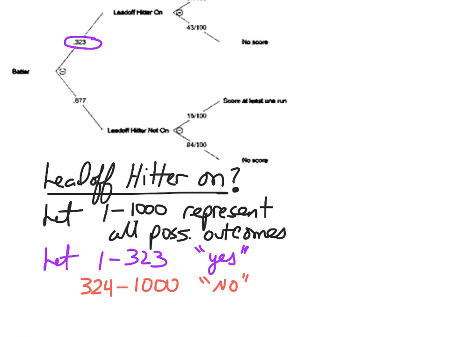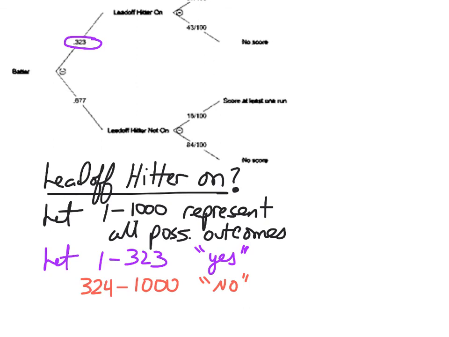Now this is a conditional probability, so it's all relative. I couldn't do multiple trials like this unless I was only concerned with whether or not the leadoff hitter got on. I want to know if the leadoff hitter got on, what is the outcome after that?